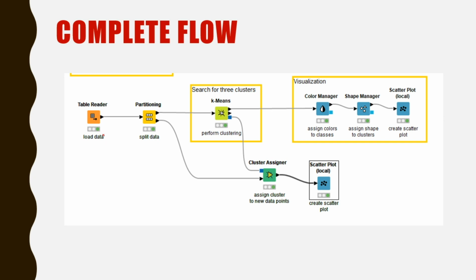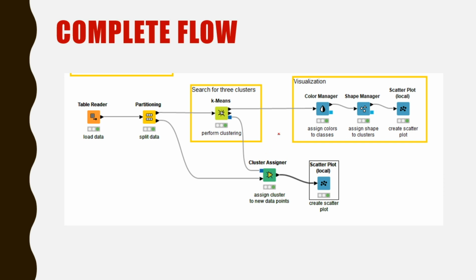This will be the complete flow of today's learning. We are going to create a flow with a data set, followed by partitioning. Since it is a machine learning concept, we are going to have a training data set and a test data set, and the partitioning will segregate them. Then by means of the K-means node, we are going to perform the clustering. The output of the clustering can be visualized in two ways: the test data set output as well as the training data set output.